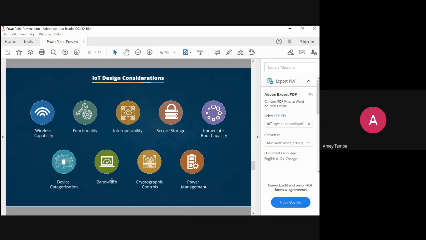Then we should have better device categorization. Like if we have a health monitoring system, or any monitoring system where we are attaching more than two sensors, 3, 4, 5, 8, 12 or 13 sensors, even 20 sensors, the placement and categorization of these sensors needs to be well planned.